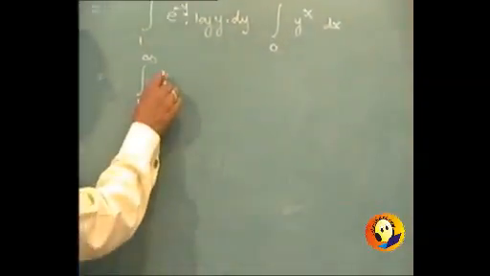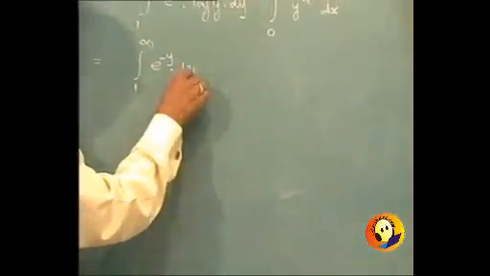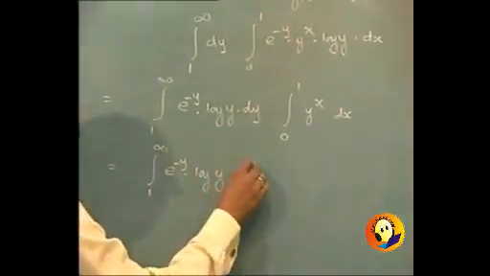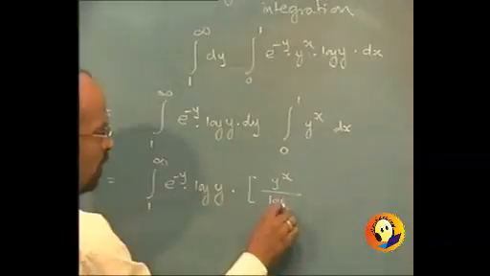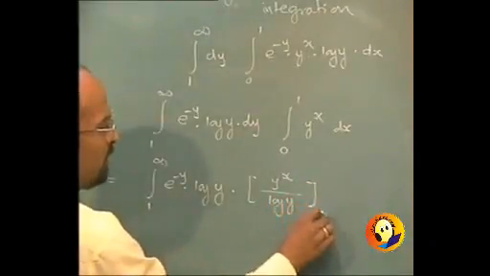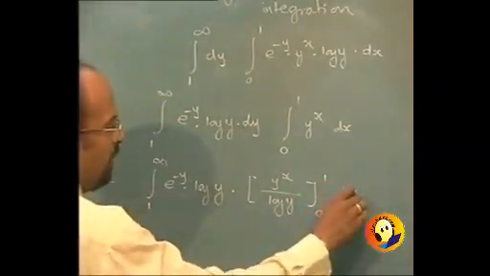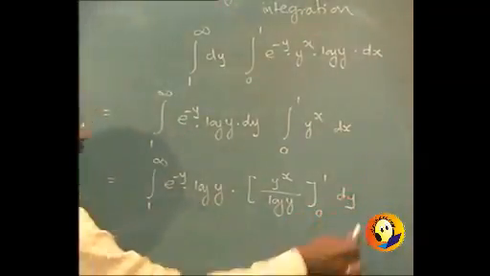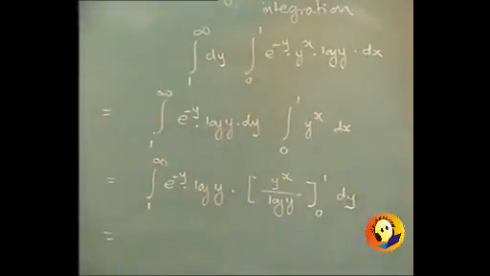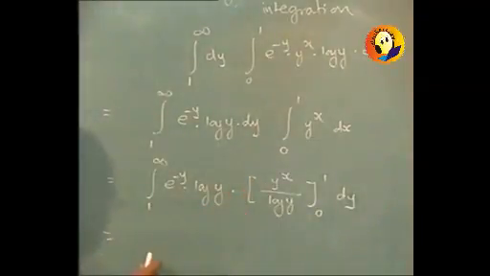So it will be e raised to minus y into log y into, this integral is y raised to x upon log y between limits 0 to 1 dy. When you substitute the values of x in this particular integral, we will write it as 1 to infinity e raised to minus y log y.